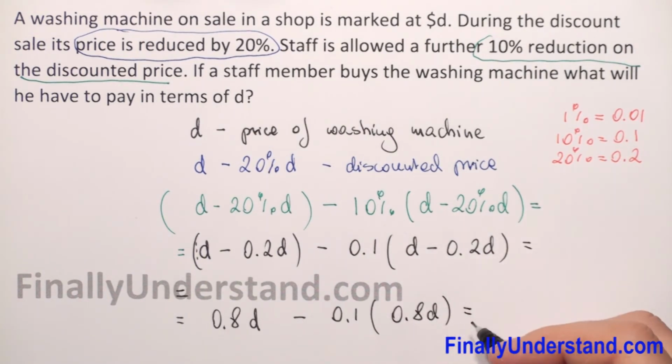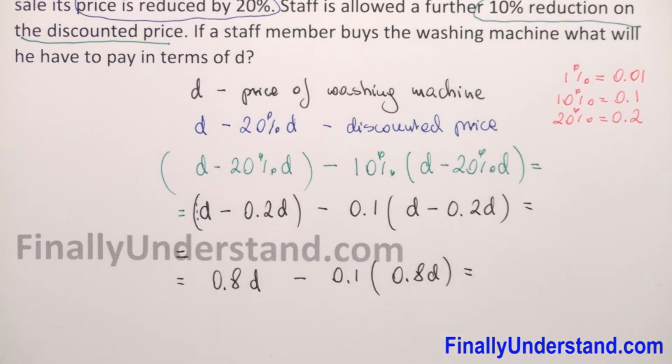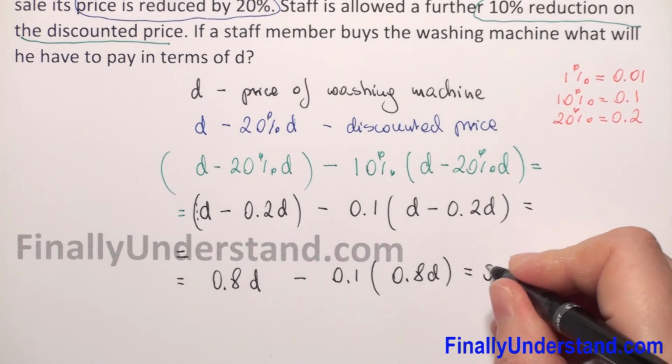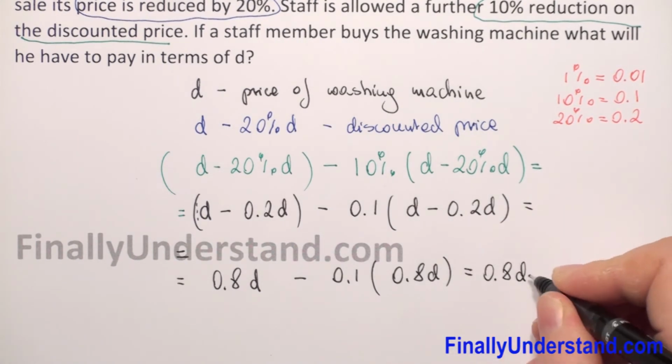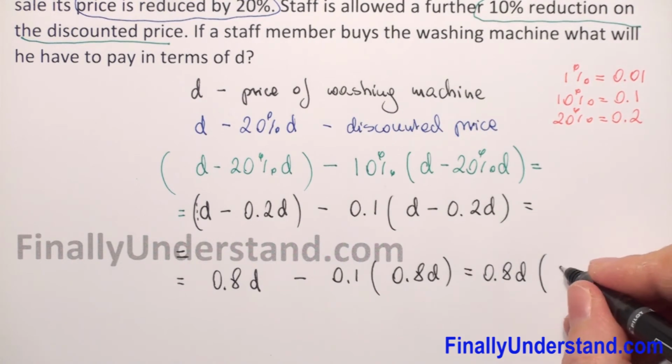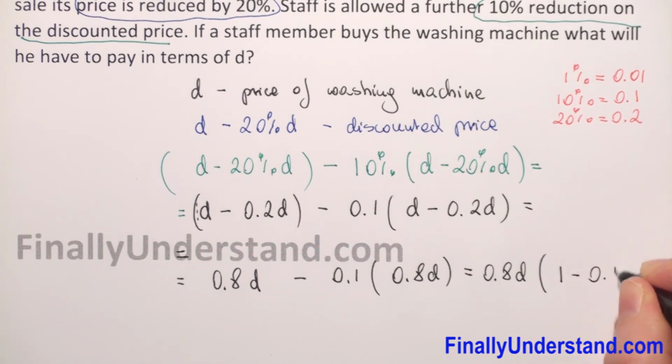So this is equal. What we can do next, because we have 0.8 D and 0.8 D in these two expressions, is factorize 0.8 D, and in parentheses we will have 1 minus 0.1. Why? When we multiply 0.8 D times 1, we get the first expression.